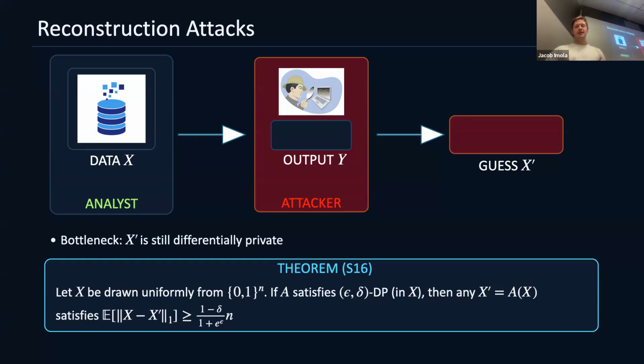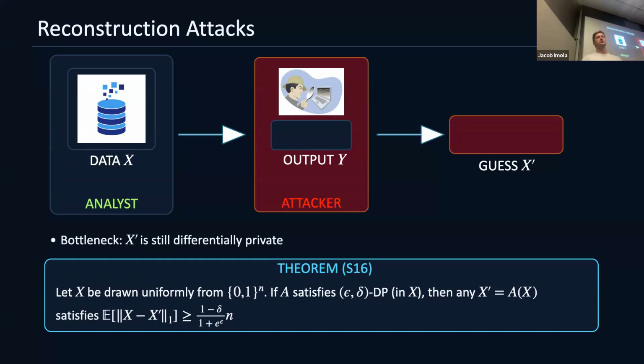So you have a random binary data set, and an algorithm A of X tries to guess X prime and outputs X prime, but it satisfies epsilon delta differential privacy. Then we know that it can't be correct much more than half the time, or its error has to be roughly n over 2. And the exact constant is (1 minus delta) over (1 plus e to the epsilon) times n. When epsilon and delta are really small, then this is really close to a half, and it's what we would expect.